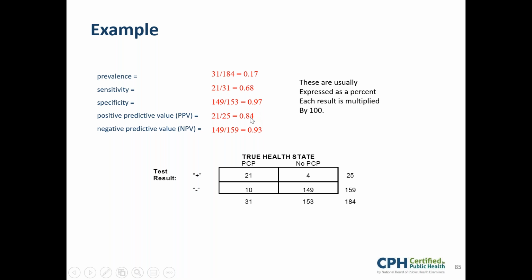The positive predictive value tells us, of the positive tests, who really has pneumonia, whereas the negative predictive value tells us, of those with negative results, what proportion do not have pneumonia. In this case, it's 93%. So I would encourage you to try those calculations on your own. And while the exam doesn't have calculations on it, it's really important for you to understand what these terms mean. Next slide.